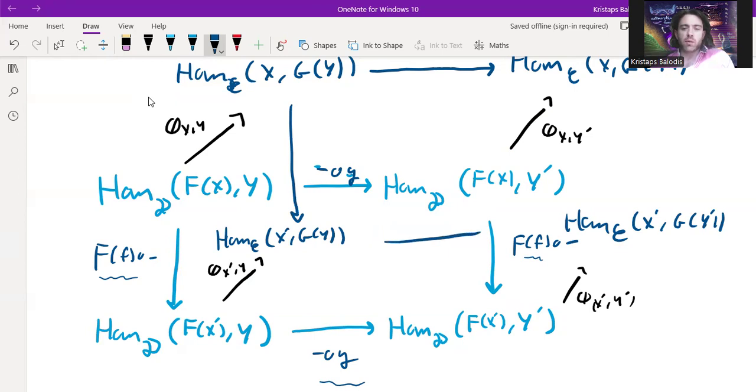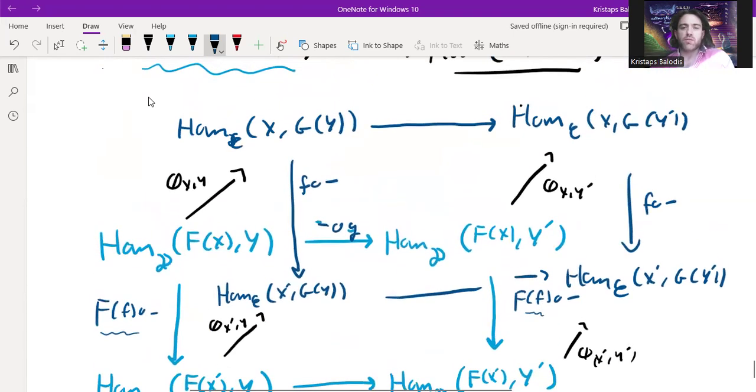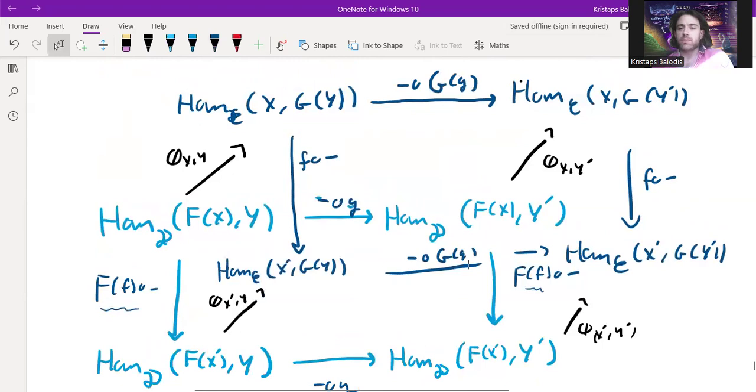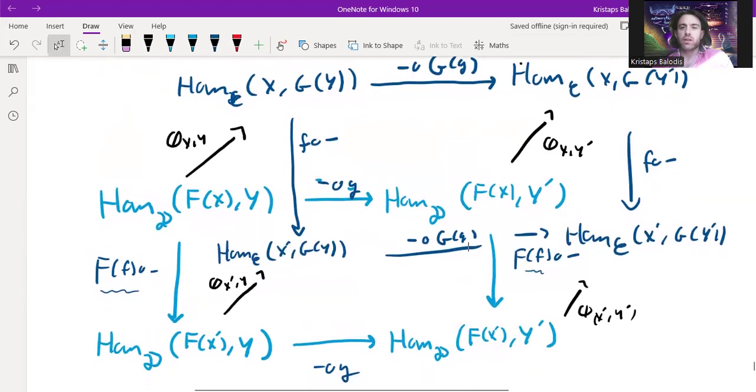So what are all the maps that we're going to get here? I claim that this map should be given by post composition by f, as will this map. And this map will be given by pre-composition of g, and this map will be given by pre-composition of g. So you're really just tracking through what clearly happens.